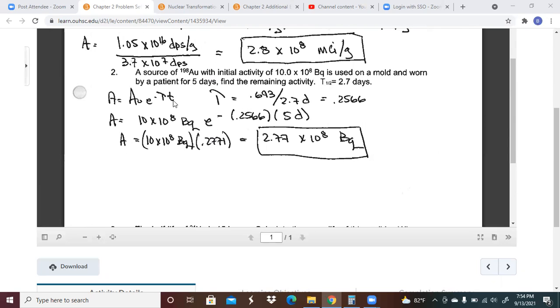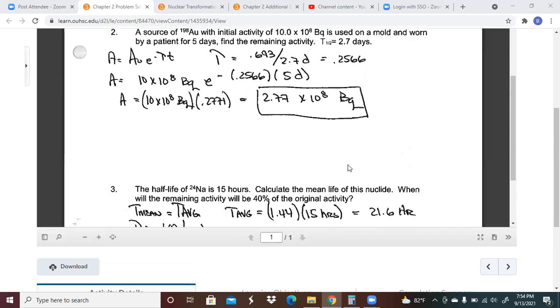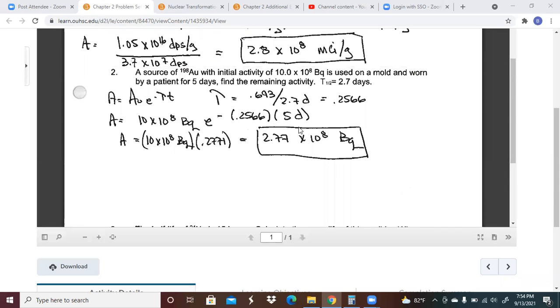We know what the initial activity is here. So we put in for lambda, and we know what time the activity goes for is 5 days. Put all that information in, and we can determine here that we have 2.77 times 10 to the 8th becquerels.